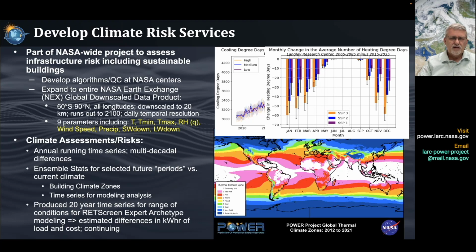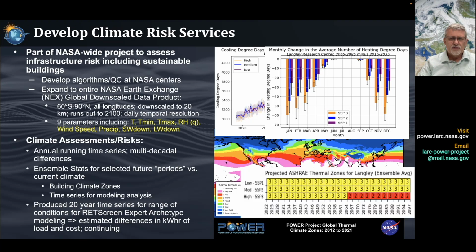We've also derived maps for climate zones, and those are available so we can look at how future climate zones might change. At NASA Langley in southeastern Virginia, we've already changed from a 4 to a 3 in ASHRAE's classification, and the suite of models for the most extreme conditions has us changing again in the mid 2000s.